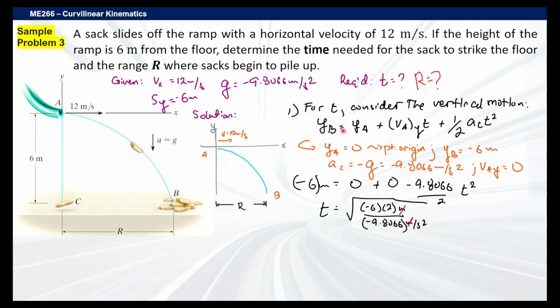So this is SFY equals SIY plus VIYT plus 1 over 2 ACT squared, wherein our AC here, since it's vertical motion, becomes negative g. So the positive here becomes negative eventually. Just like this one, right? So when we find this, t is now equal to 1.062 seconds.